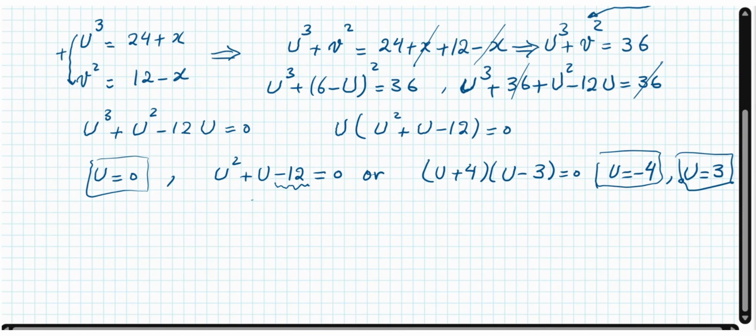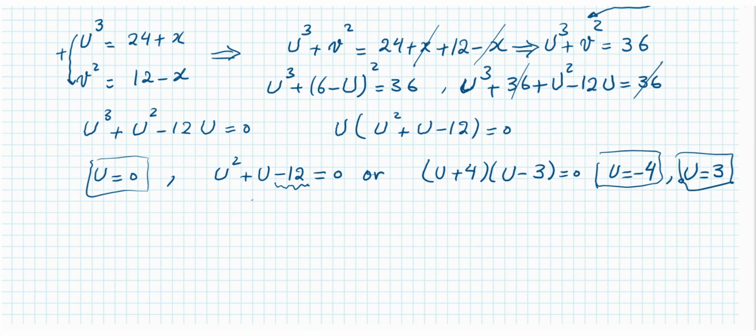Now we know that u cubed is 24 plus x here. So let's write this equation. u cubed is 24 plus x. And we substitute for u 0, or minus 4, or 3.